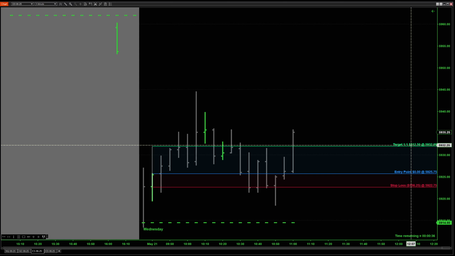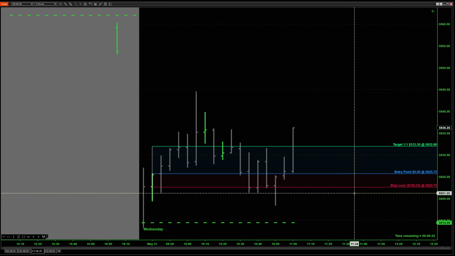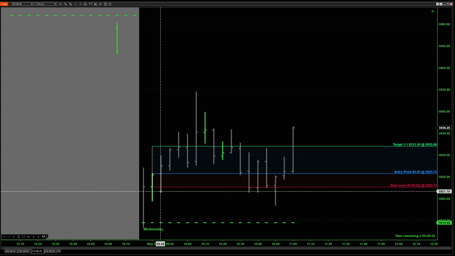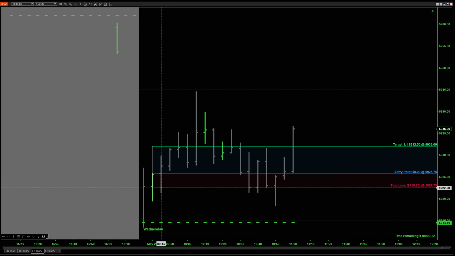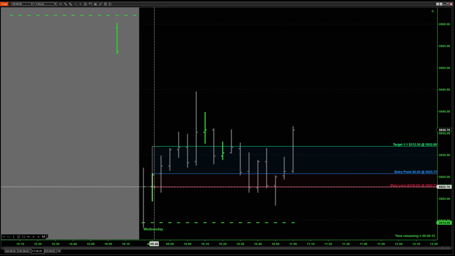That would have been a $300 profit. The initial stop on an inside bar is the low of the inside bar. After this bar closes, I'd move my stop to the halfway. So this would have been a 1-to-1 trade initially. Then reduced risk would be a 2-to-1 trade.